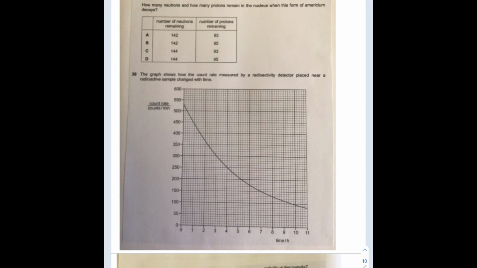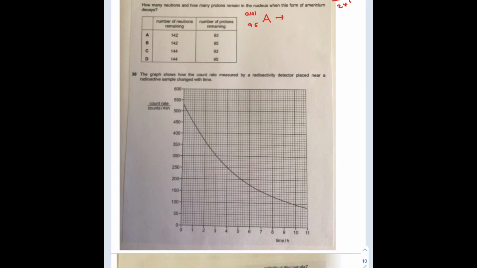First of all, we have 146 neutrons, so 146 plus protons 95 gives 241. So americium, let's say it's A, with 95 and 241.